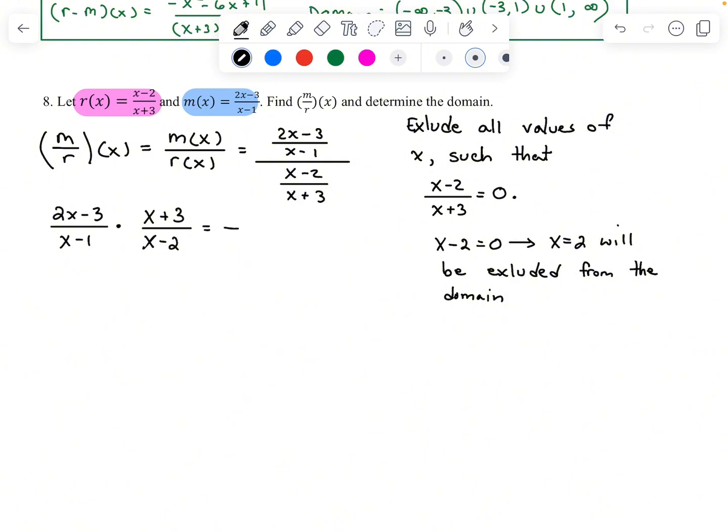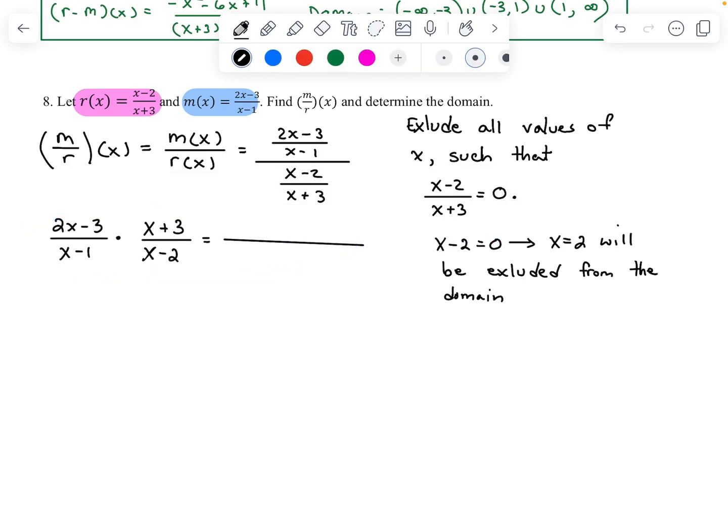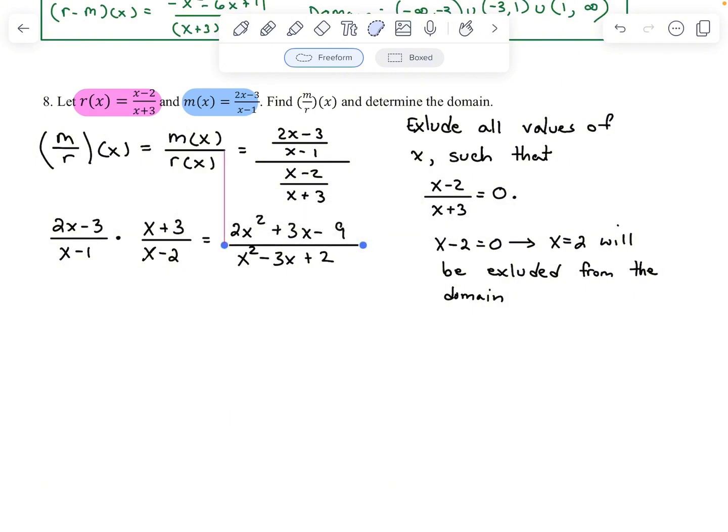All right, so after performing all of the multiplication, the quotient will be 2x squared plus 3x minus 9 in the numerator. Then we have x squared minus 3x plus 2 in the denominator.